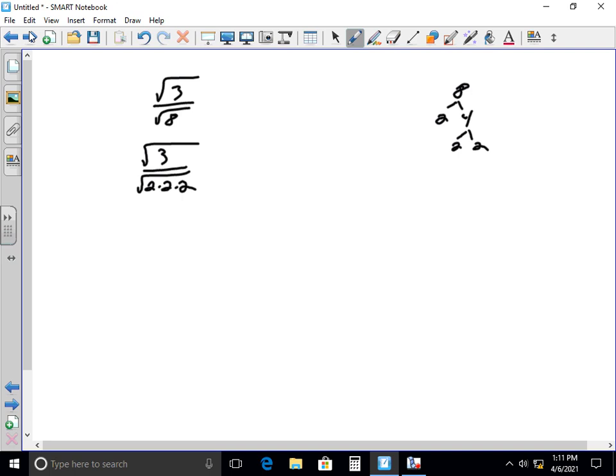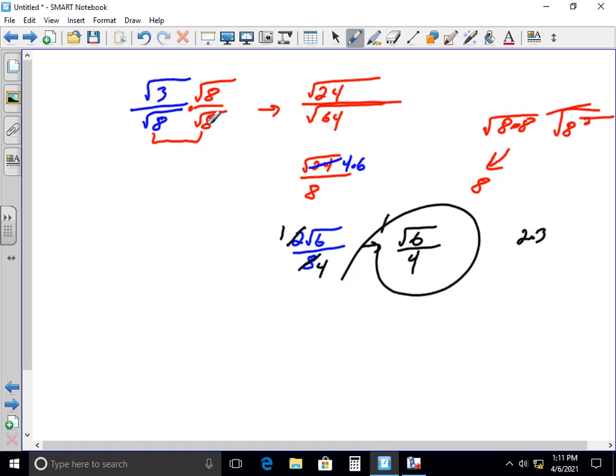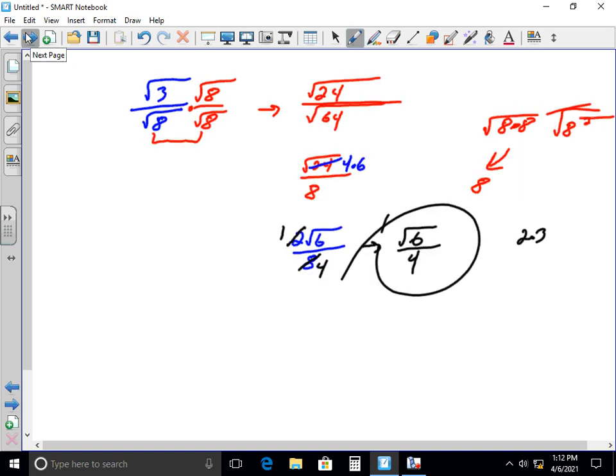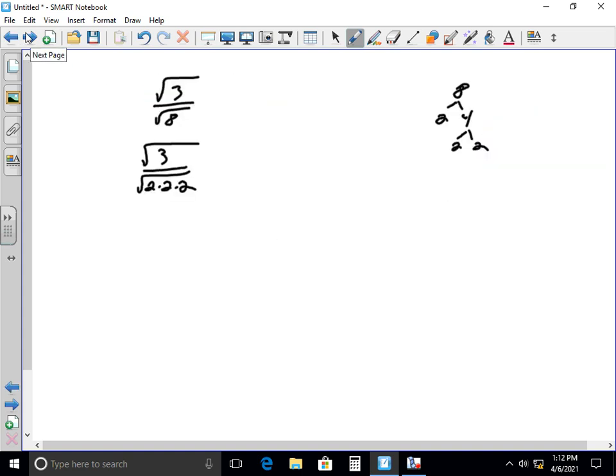So what we did on the previous two problems is we multiplied by something that would make the denominator a perfect square. If we multiplied it by itself, that number is a perfect square. Here we multiplied by 2. Something times itself is a perfect square. But we don't have to multiply by 8.